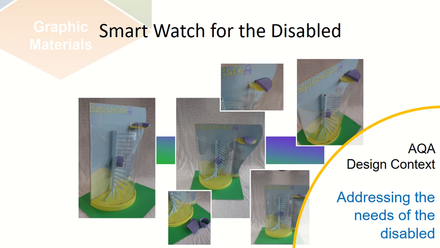It is made out of MDF and a drape moulded piece of acrylic and some 3D printed elements as well. So here you can see a perfect example of how graphics students can, in their major project, go on to use resistant materials where they deem it appropriate.